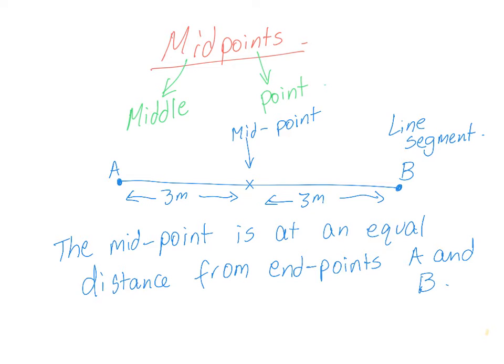If you look at the total length of AB, that is 6 meters. So half of 6 is where the midpoint would be.